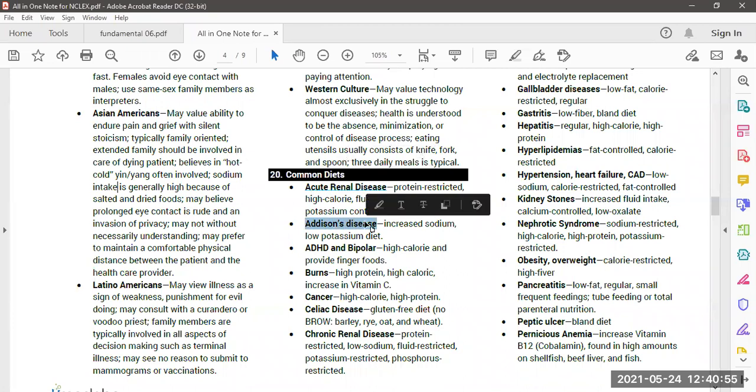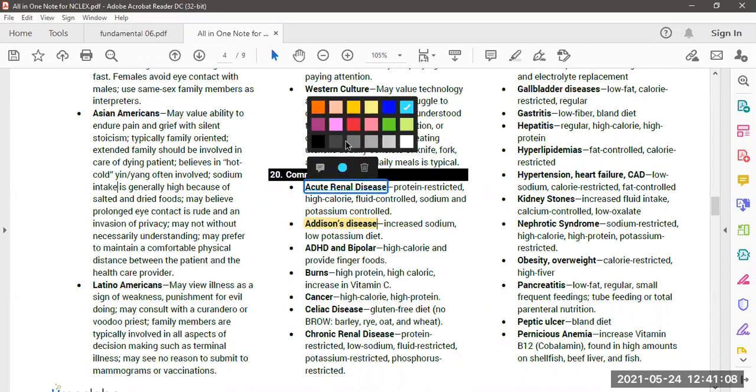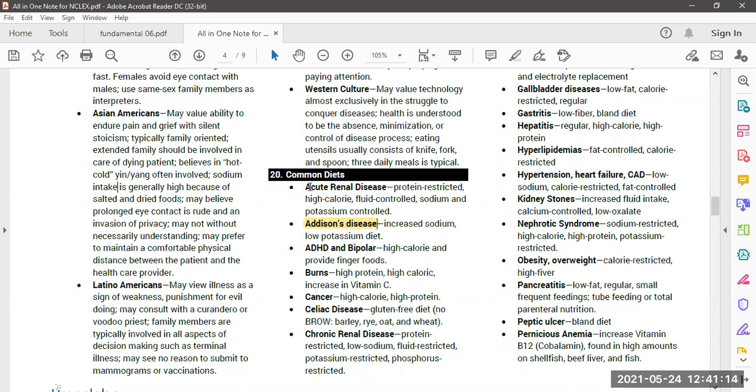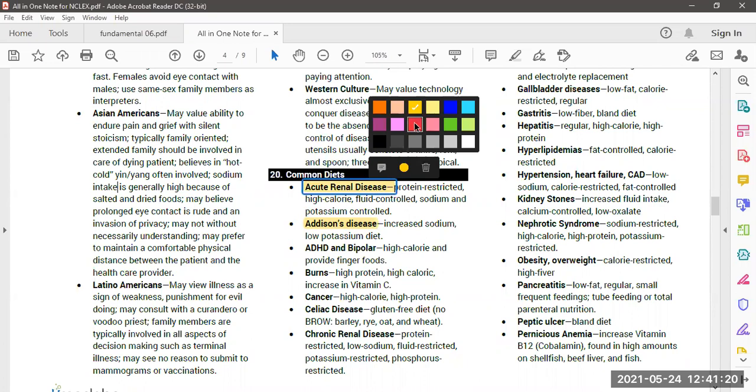And Addison disease, patient need the increase the sodium and low protein diet. So acute renal patient or chronic renal patient, both patient need same kind of diet.